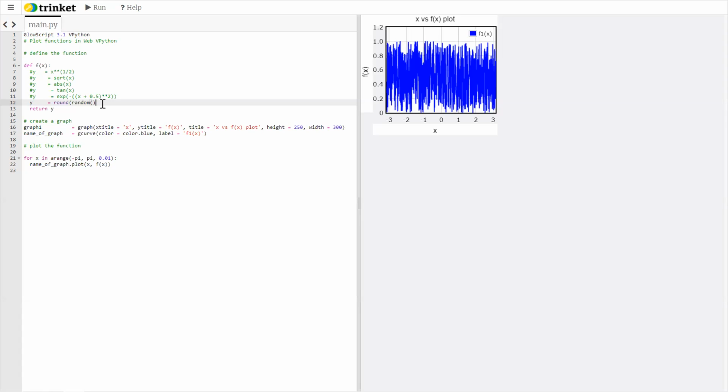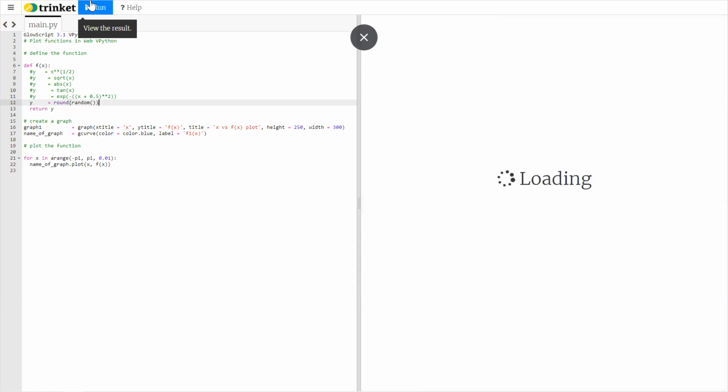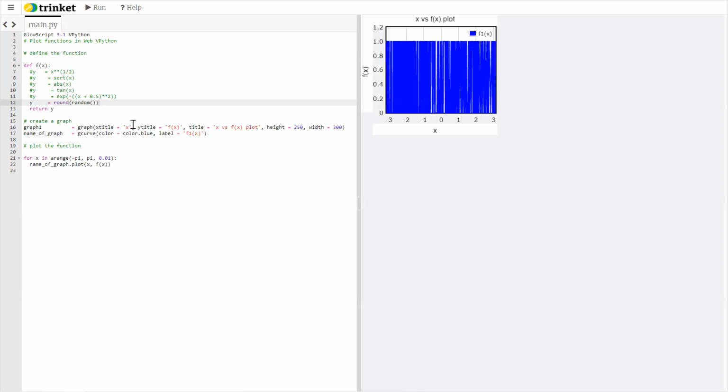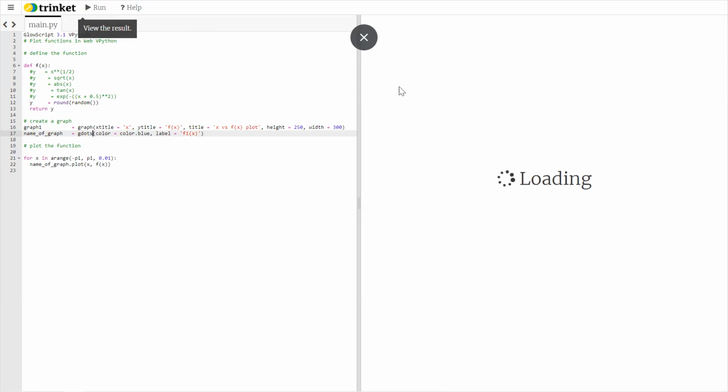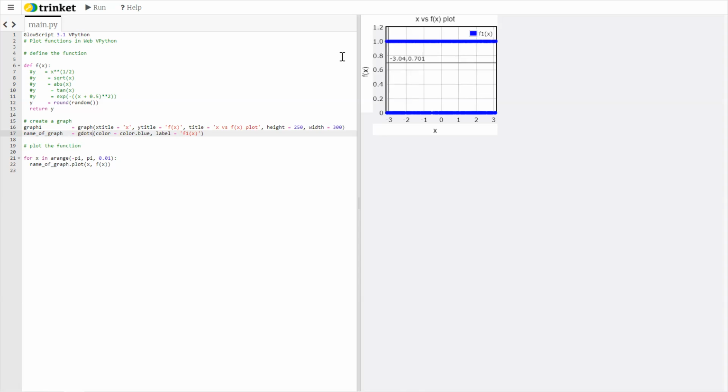What the round function does is round the random number to the nearest integer. If we change the curve to dots so that we can see the actual values, we only have two possible values, 0 and 1.